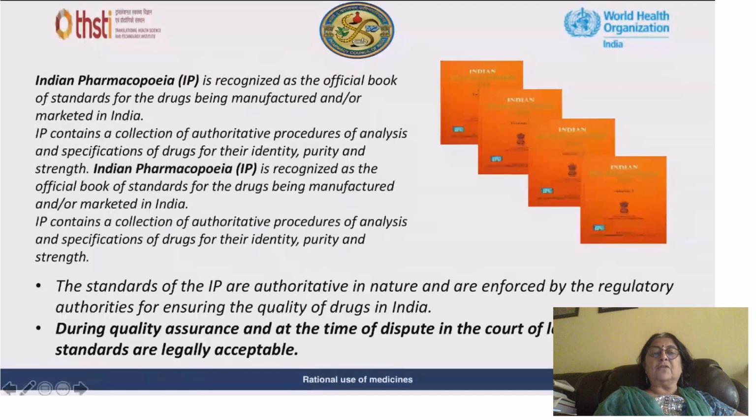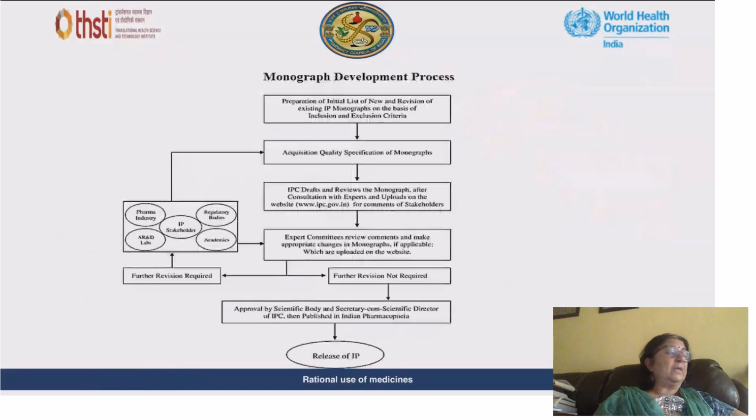And the standards of the IP are authoritative in nature and are enforced by the regulatory authorities for ensuring the quality of drugs in India. During quality assurance and at time of dispute in the court of law, the IP standards are legally acceptable. Remember this, IP standards are very important.